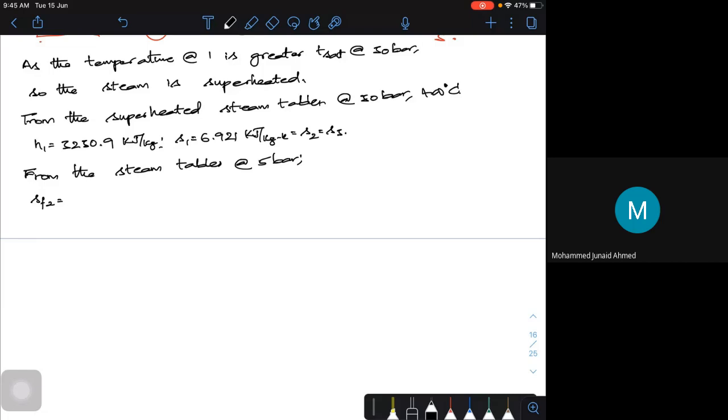SF2 is equal to 1.8604 kilojoules per kg degree Kelvin, SG3 is equal to 6.8192 kilojoules per kg degree Kelvin, and HF2 is equal to 640.1 kilojoules per kg.